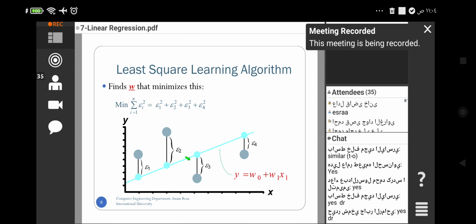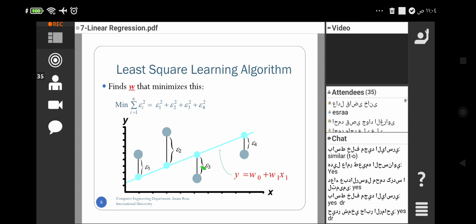In this line, these are the errors: epsilon 1, error 1, error 2, error 3, error 4. We said that we have 4 training data: 1, 2, 3, 4.